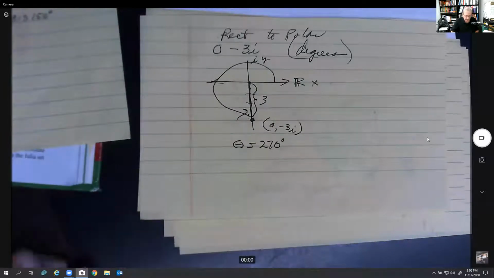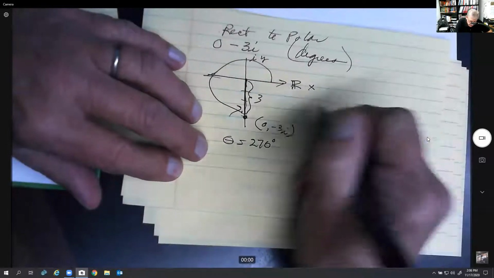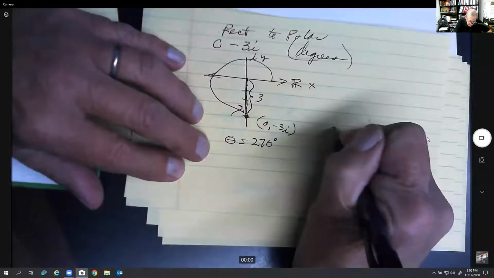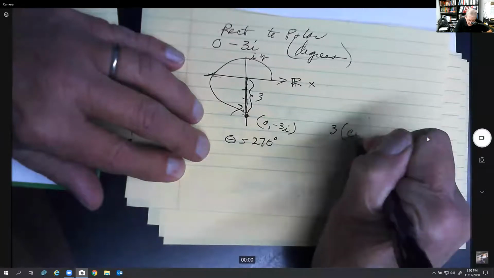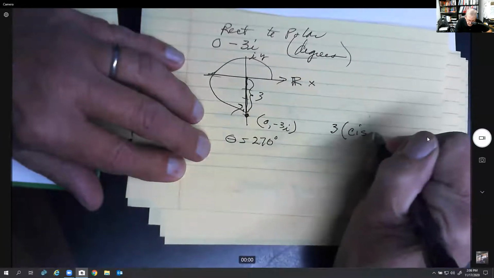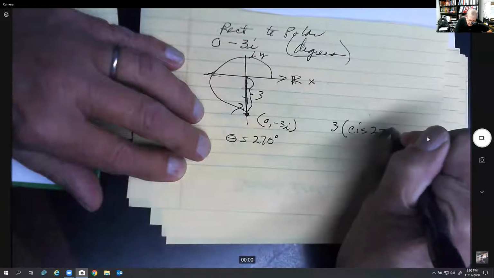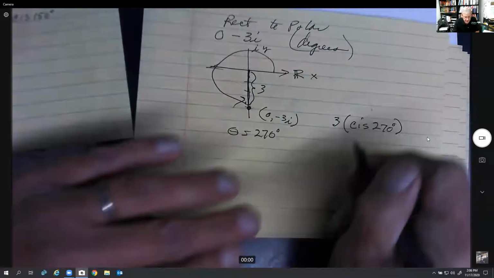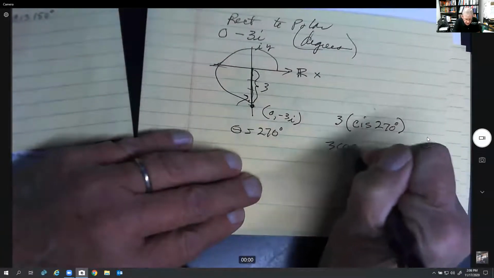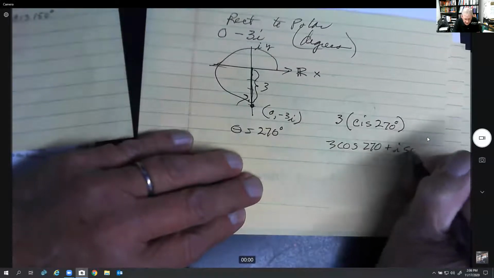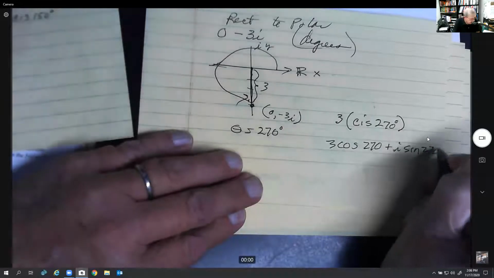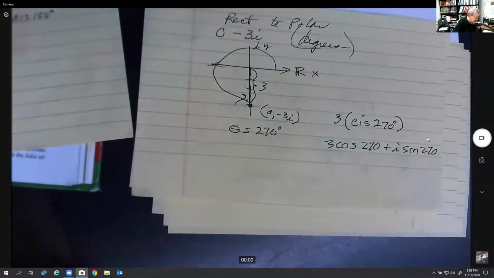So this was a kind of silly little problem because now I know this is going to be 3 cis 270 without actually doing anything. It's going to be 3 cosine 270 plus i sine 270.